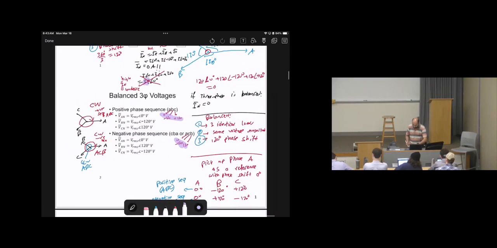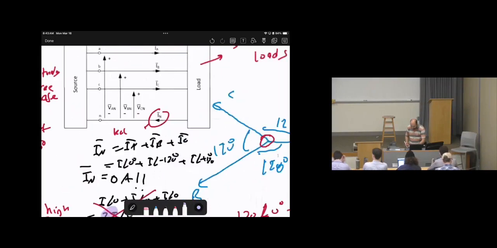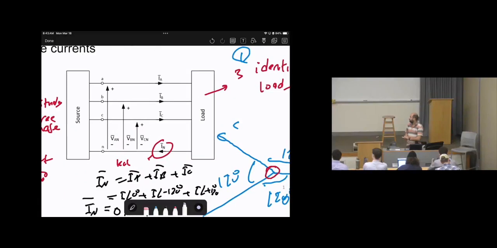So let me go back to this chart a little bit and discuss some. These are the power lines, 3 power lines and 1 neutral. Depending on the currents and the voltages, we have 4 currents: current of conductor A, current of conductor B, current of conductor C, and neutral current. Regarding the voltages, since we have 1 neutral, we have positive, positive, positive, and 1 negative, which is the neutral.